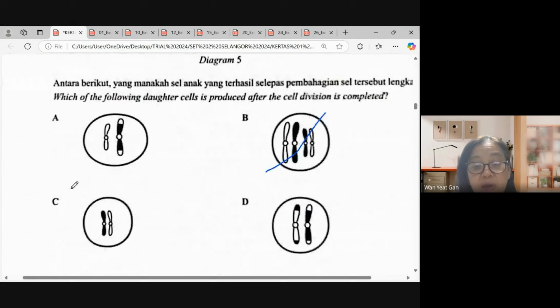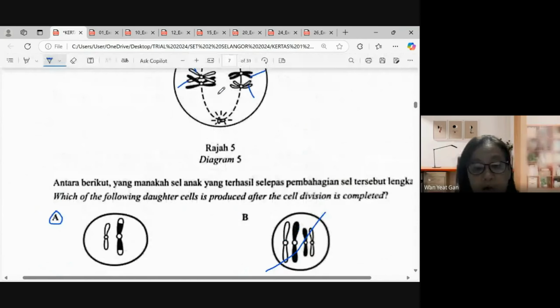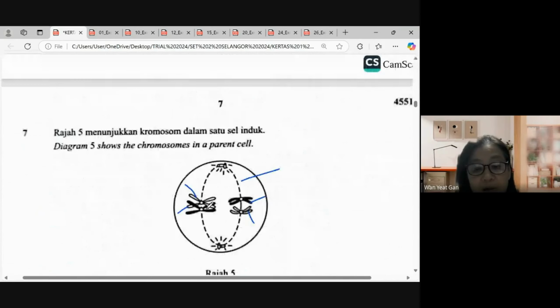You cannot have two similar homologous chromosomes moving to the same direction. So this one is also not possible. So the only answer is A, where each of the poles will contain one of each member of the pair of homologous chromosomes. So the answer is A.